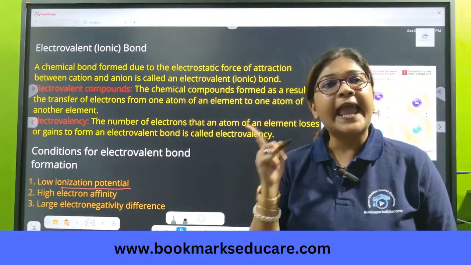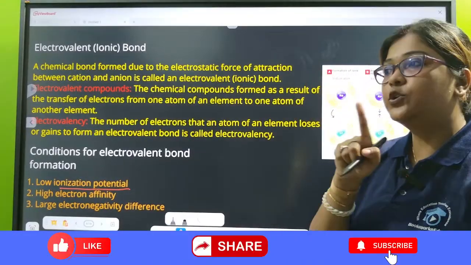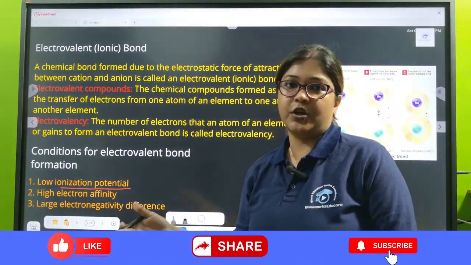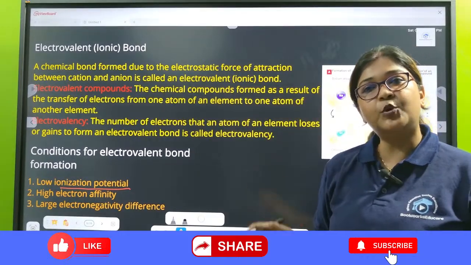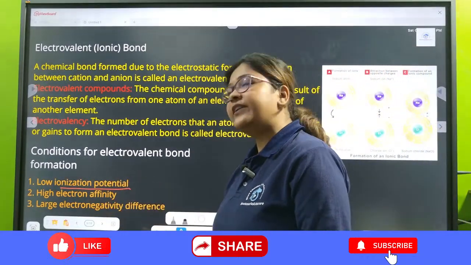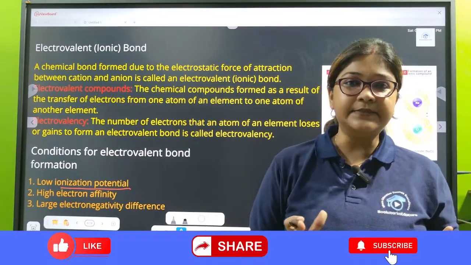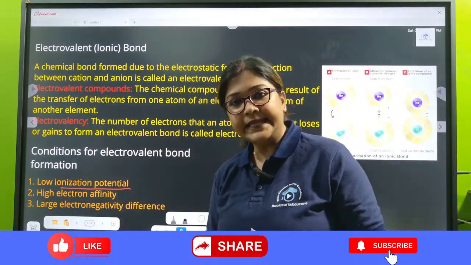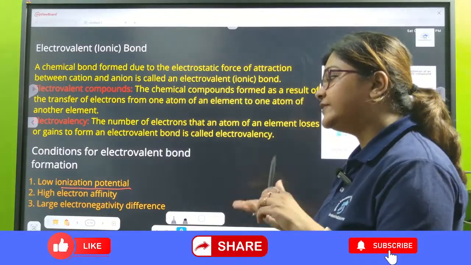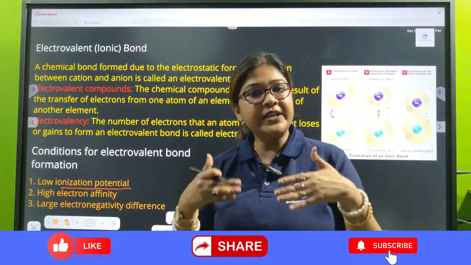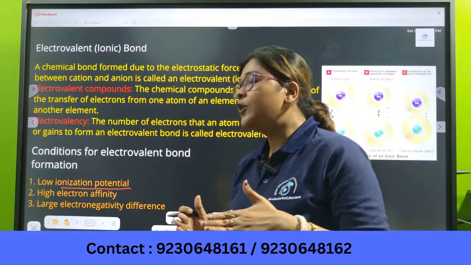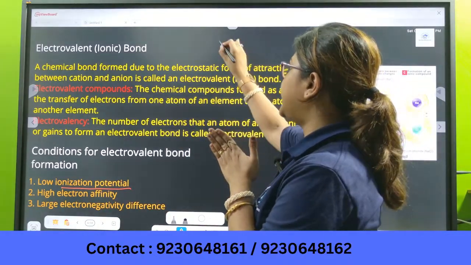It is the energy required to knock out electrons from the atom's outermost shell. Electron affinity is the tendency of atoms or elements to gain electrons, and electronegativity is the affinity towards electrons. So, for metals, what did we see?